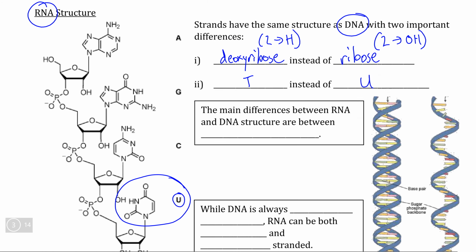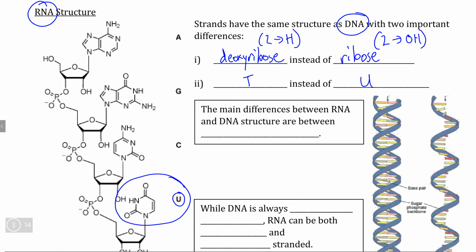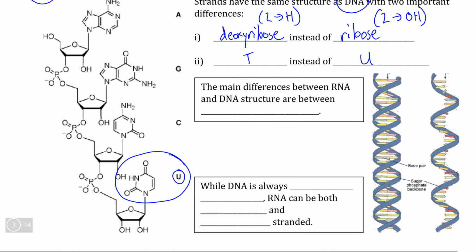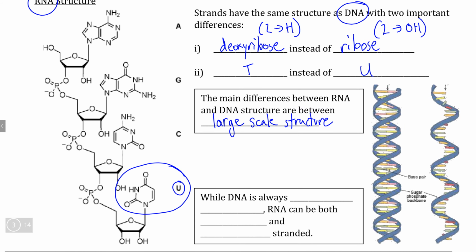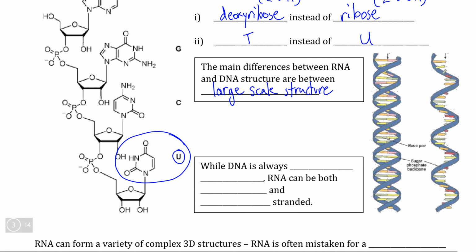Now, the main differences between DNA and RNA beyond the pentose sugar and the nitrogenous base are between the large scale structures rather than the individual nucleotides and individual pentose sugars.